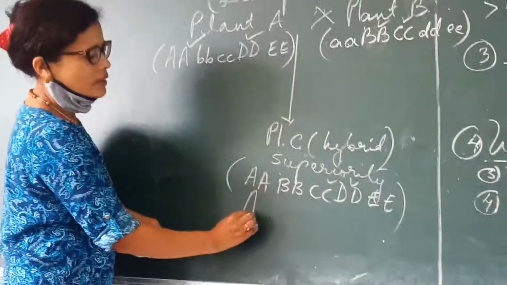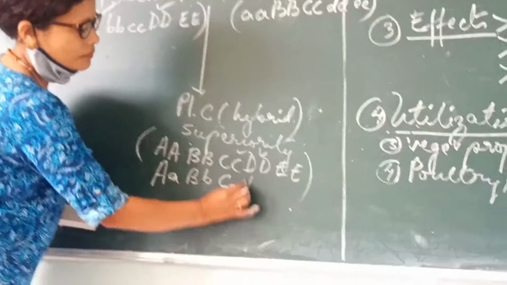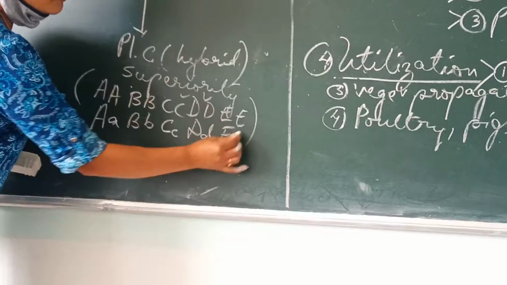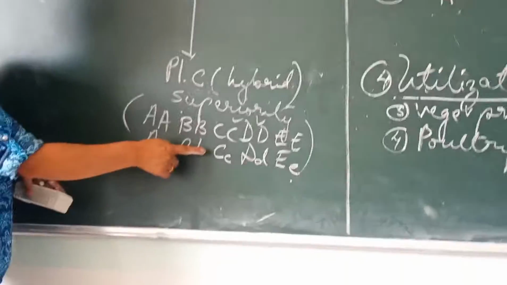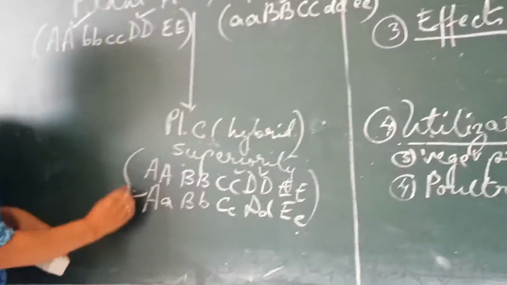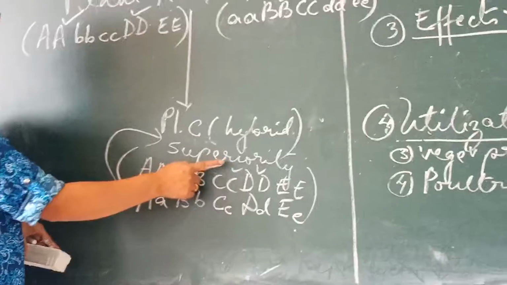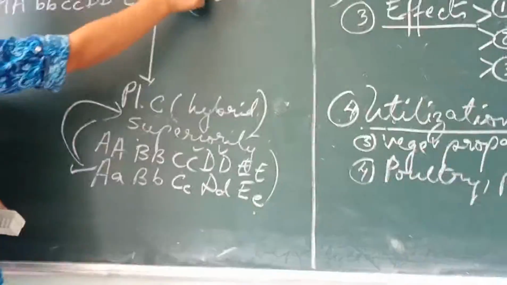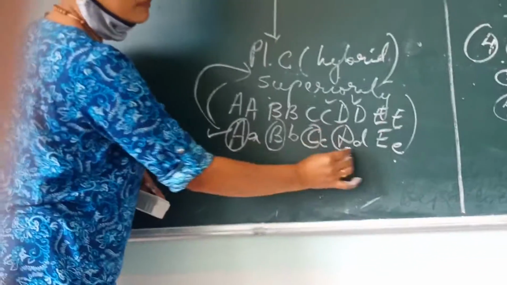This plant will be much stronger than plant A or plant B. If it had this genotypic constitution, where one allele is dominant, one is recessive, one is dominant, one is recessive, still this plant will exhibit superiority. It will be much stronger than plant A or plant B. Why? Because it is always the dominant gene which will be expressed.